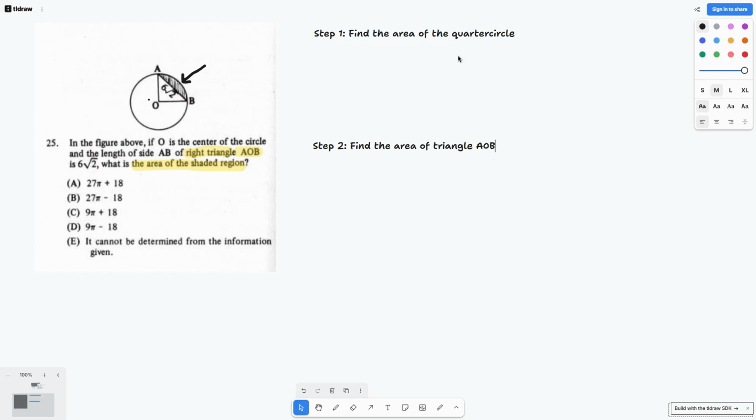And then once we have the area of the quarter circle and the area of triangle AOB, our last step, let's say step 3, we're going to be subtracting those areas.